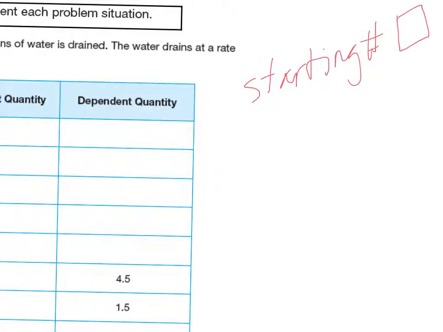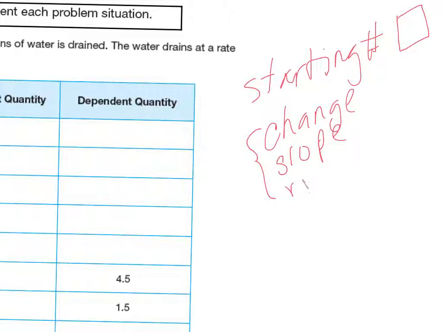And they also have a rate of change. How much is it changing every single time? The change is called the rate of change, or it's also called the slope, or the rise over run. So all these things mean the same thing.